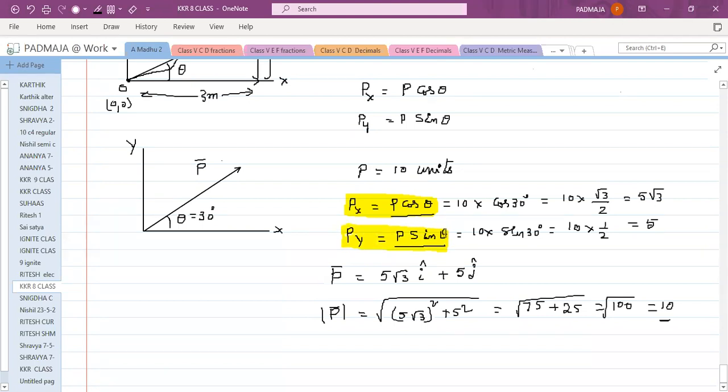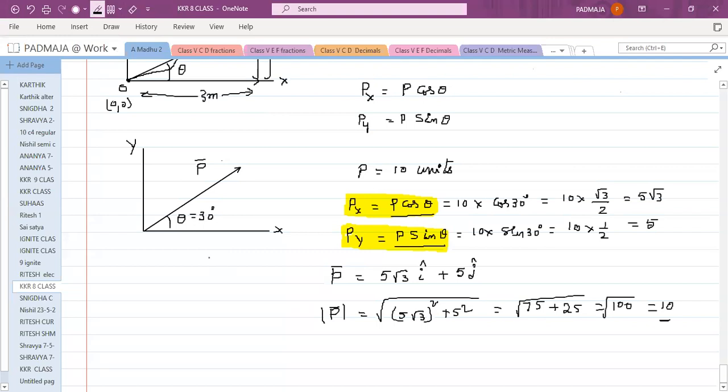If this is a velocity vector, that means the particle is moving with a velocity of 5 root 3 units, meters per second if it is given. If it is moving in the xy plane with a velocity of 10 meters per second, making an angle of 30 degrees with the x-axis, then it is traveling with a velocity of 5 root 3 meters per second along the x-axis and 5 meters per second along the y-axis simultaneously.